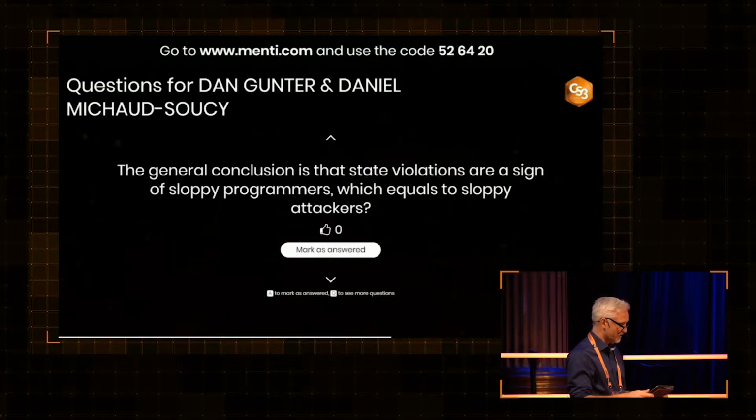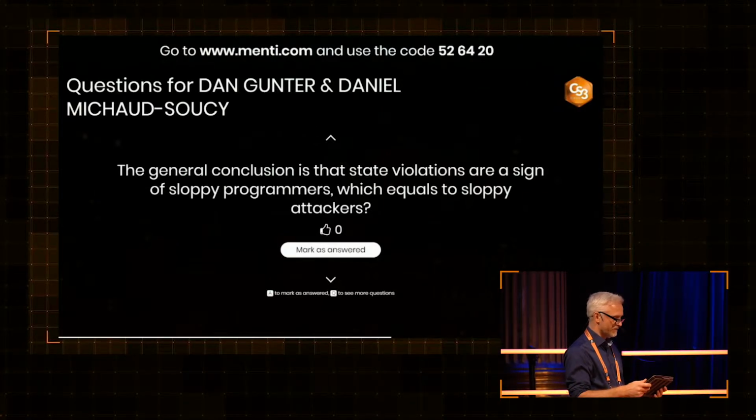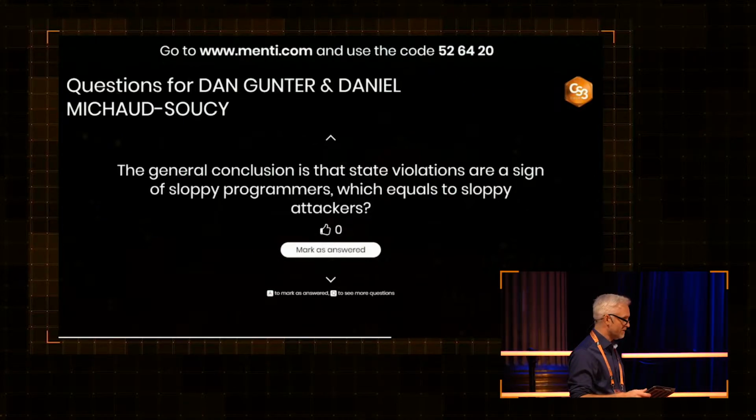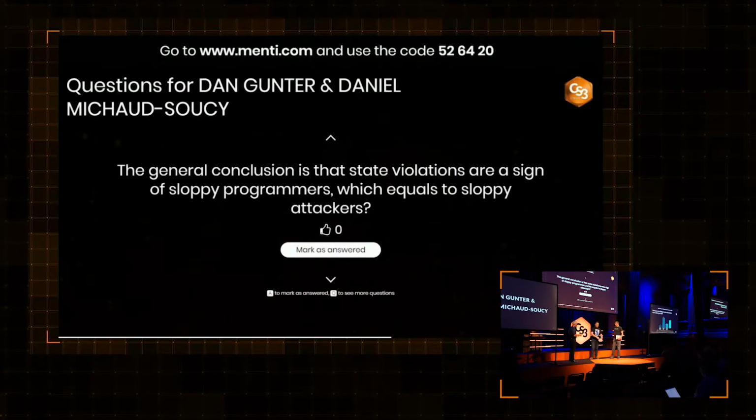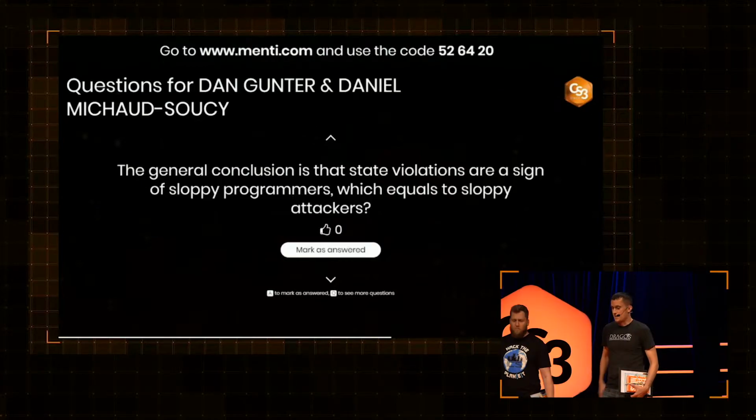So the general conclusion is that state violations are a sign of sloppy programmers, which equals sloppy attackers. Yeah, and I think Joe will hit on this a little later. With how the IEC 104 module was written in this case, strings were left in, a lot of the output was left in.